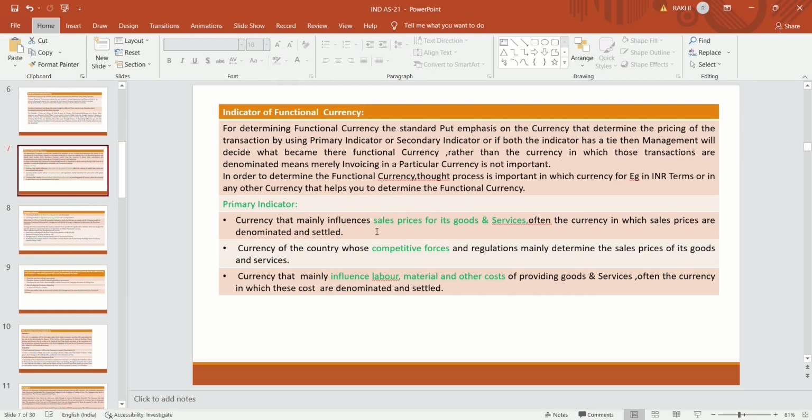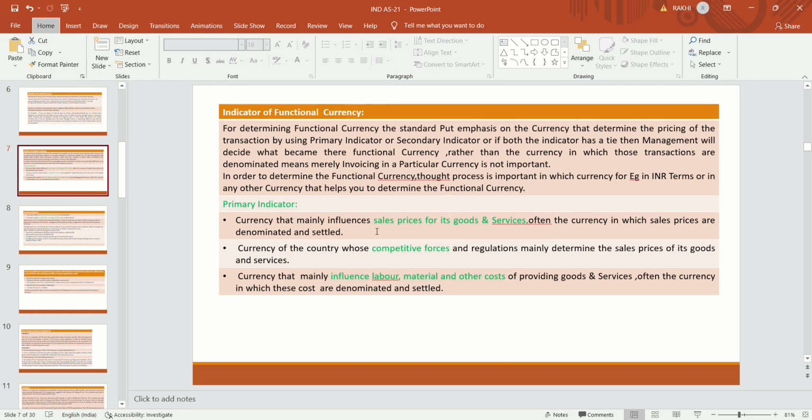Costs are in INR but revenue is in USD, and competitive forces are in USD. So there is a clash between these three indicators. Which indicator will the company select? Then they will go for the secondary indicator.